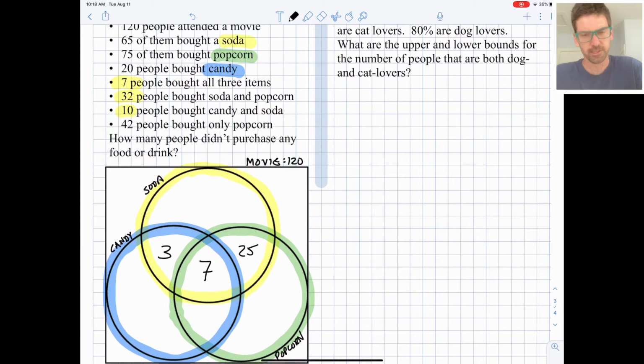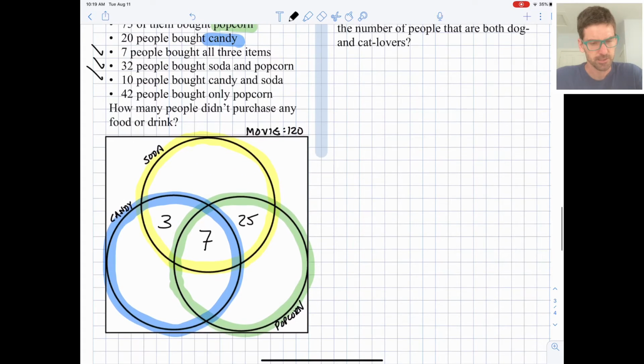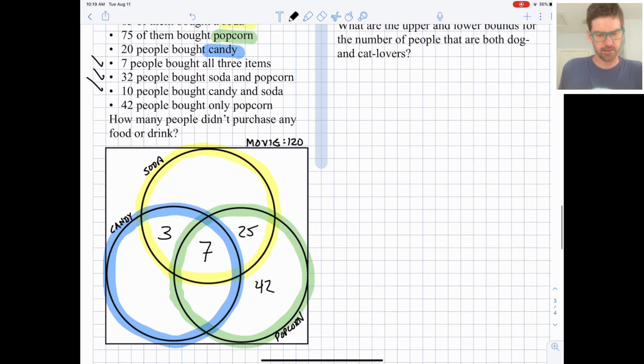Okay, let's actually check things off as we do them. So we did that, we did that, we did that. 42 people bought only popcorn. So that's the next thing I want to figure out. 42 bought only popcorn. Okay, I didn't buy any candy or any soda. So we can gradually fill in the rest, I think.